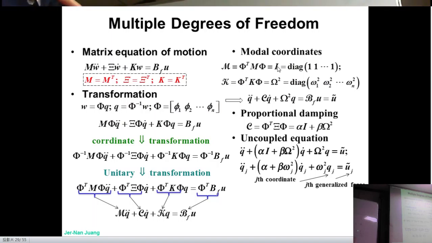And to prove that is not very difficult. Matter of fact, but I'm not going to prove it for you here. It will take a little bit of time. But we assume that we can do that. So assume that we can find a phi matrix such that phi transpose M phi equal to I and phi transpose K phi equal to my cap omega square. That cap omega square will be my diagonal omega 1, omega 2, and omega n. All right.